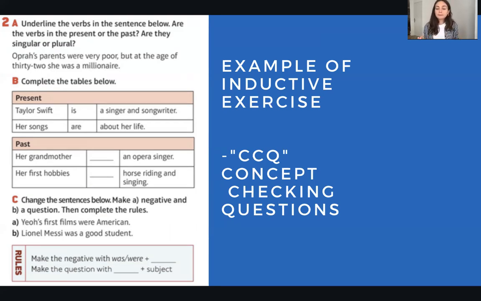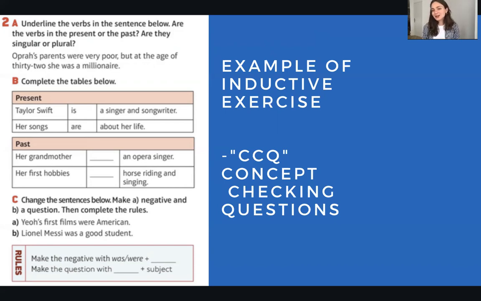And after that, I ask my student simple questions: if this sentence is in the present, now, or past, and if these verbs, was and were, are plural or singular form.